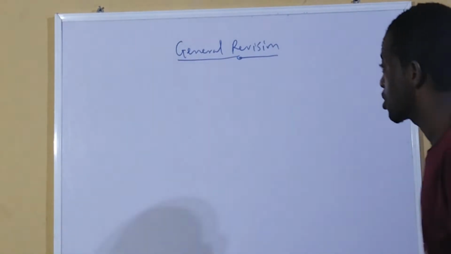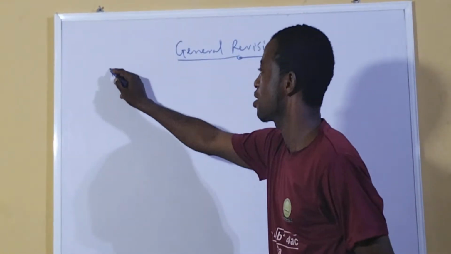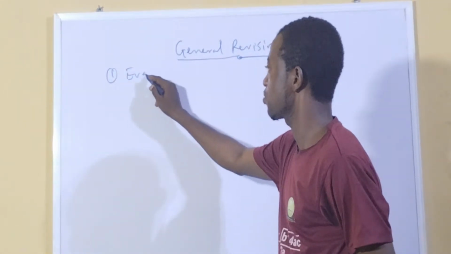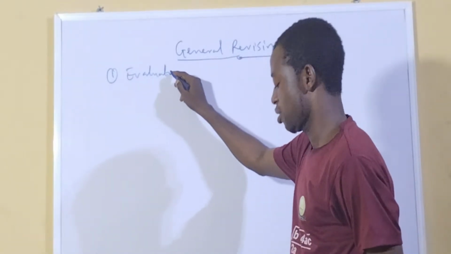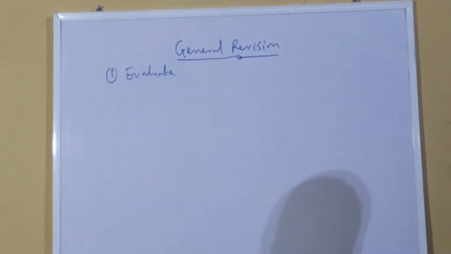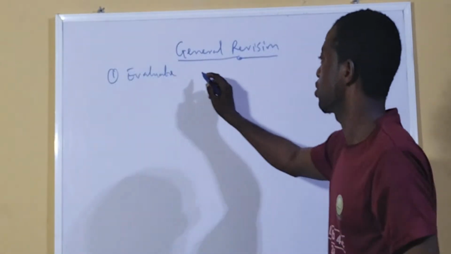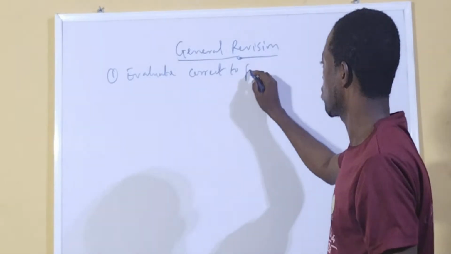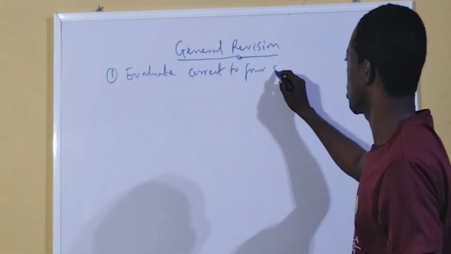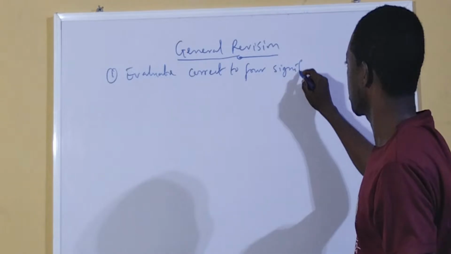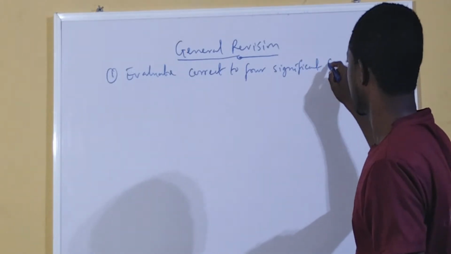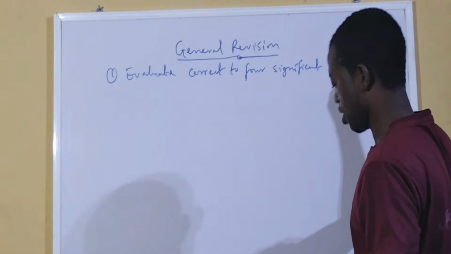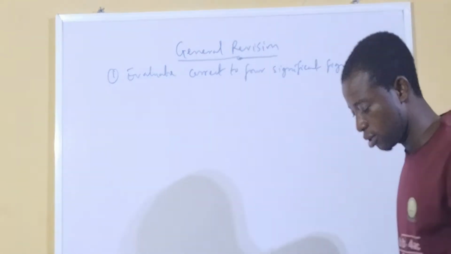Okay, so number one question we are looking at is: evaluate 573.06 times 184.25, correct to four significant figures.